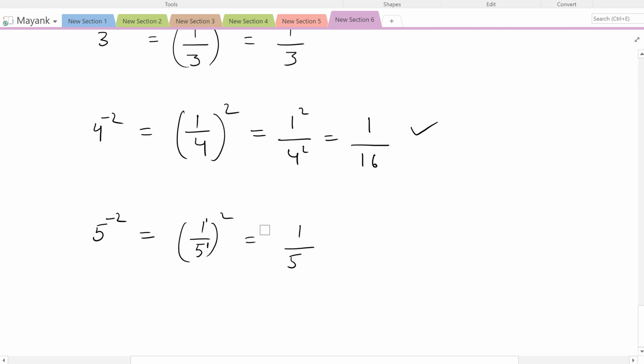Yeah, 2 times 1, so it's 1 to the 2 over 25. 5 power is going to be 2 as well. 1 power by 2 is 1. 5 power by 2 means 5 times 5, which is 25. So we learned that negative sign in the power does the flip, that means reciprocal, and becomes positive afterwards.